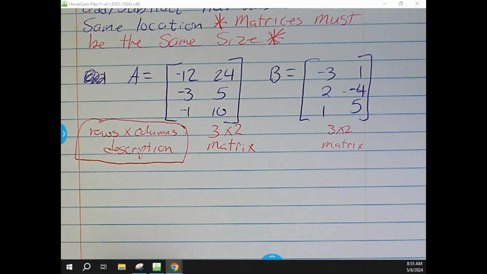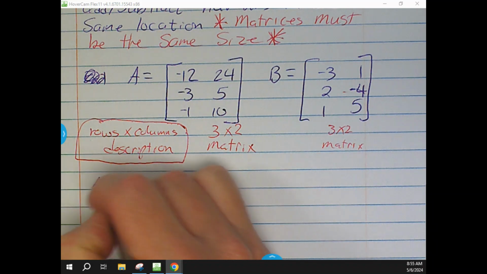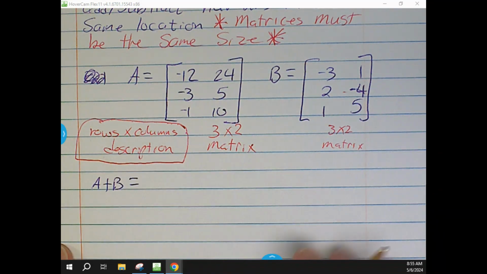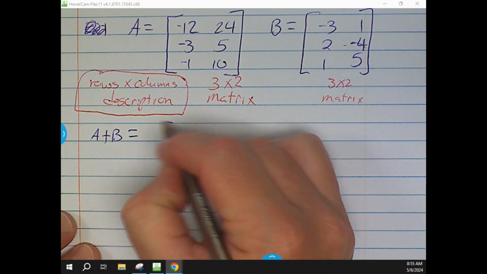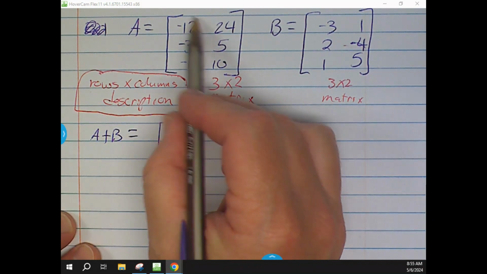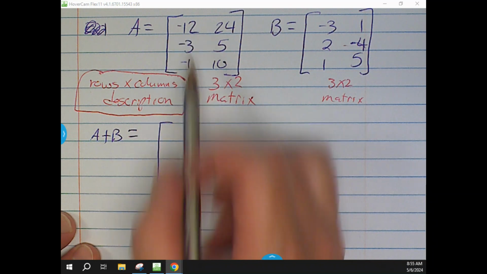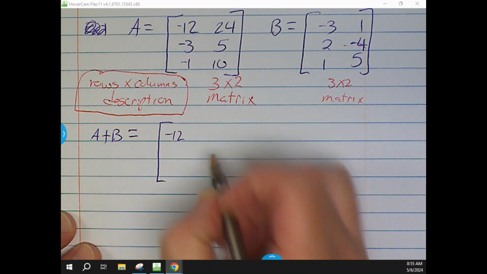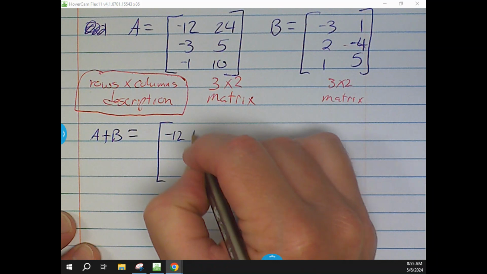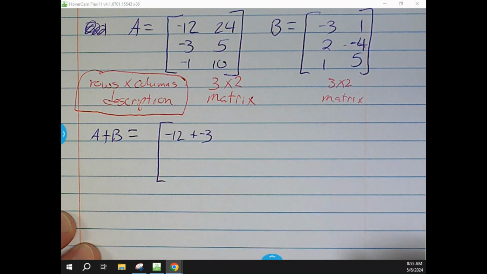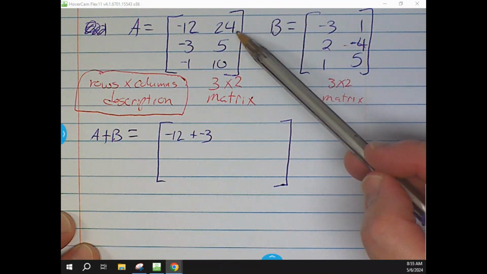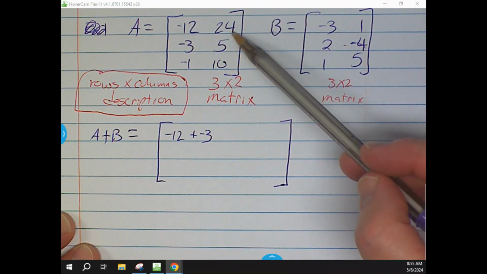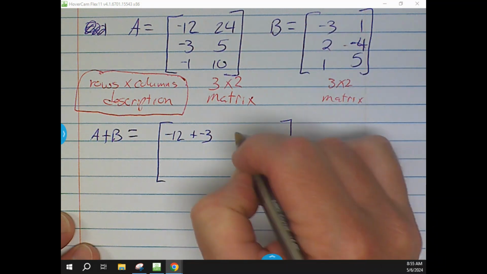Okay, so let's do A plus B. If you're going to do A plus B, all you're going to do is take whatever's in the first column, first row here, and add it to the same location here. Then the second number in the first row, the second column here, we do the same thing: 24 plus 1.